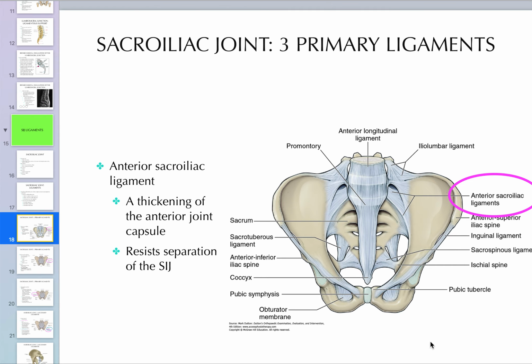So the anterior sacroiliac ligament, of course, just as it sounds, is right here highlighted in pink. We have multiple fibers spanning from the sacrum onto the ilium on the anterior surface of the sacroiliac junction. Basically, the anterior sacroiliac ligament is a thickening of the anterior joint capsule, and it resists separation of the sacroiliac joint.